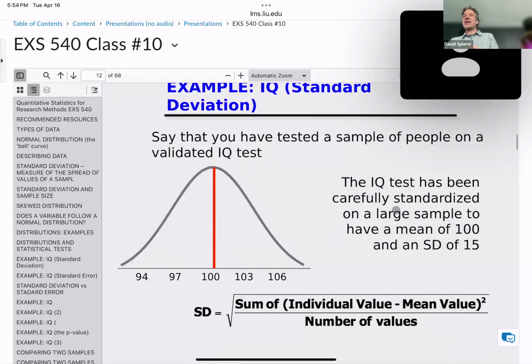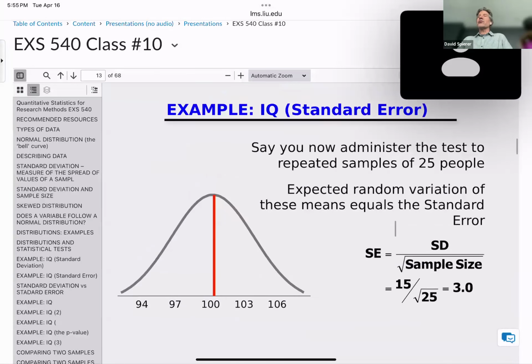When you look at a standard deviation, you're looking at it within the group, within the large sample size, however many people you're testing, 150, 50, 2,000. When you're looking at the standard error, you're looking at the variation between the groups. So again, they are associated measurements, but they are different and they tell a different story.